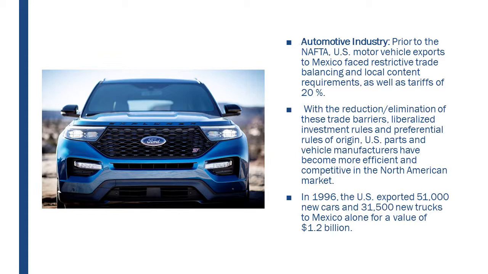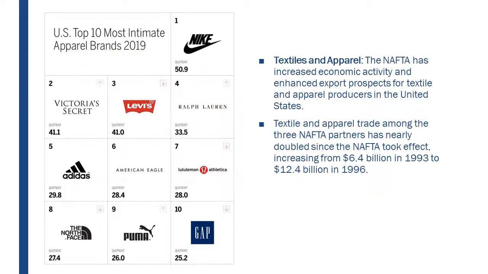With the reduction and elimination of these trade barriers, liberalized investment rules and preferential rules of origin, U.S. parts and vehicle manufacturers have become more efficient and competitive in the North American market. In 1996, the U.S. exported 51,000 new cars and 31,500 new trucks to Mexico alone for a value of $1.2 billion.